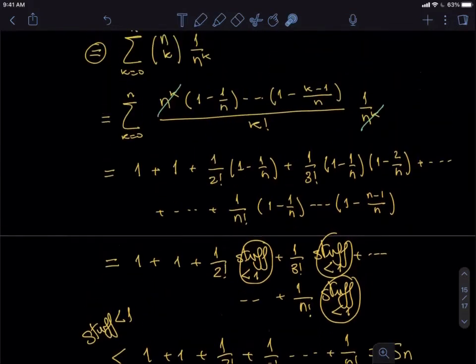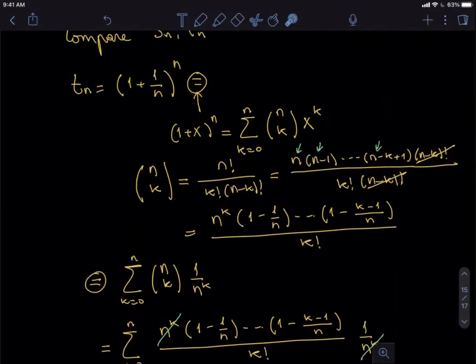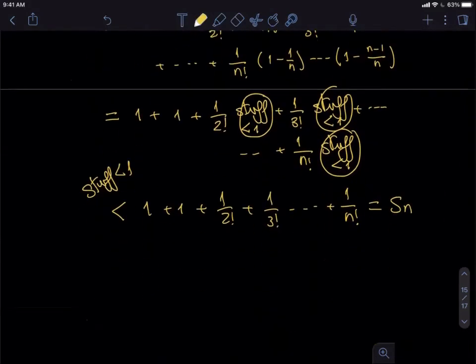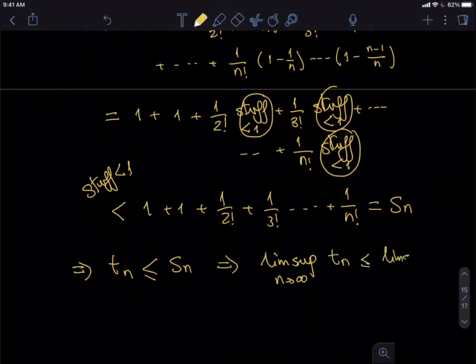Okay, so what did we get here? What we got here is that Tn is less than Sn. We can say less or equal if we want. And that means that the lim sup, as n tends to infinity, of the Tn is less or equal than the lim sup of the Sn.